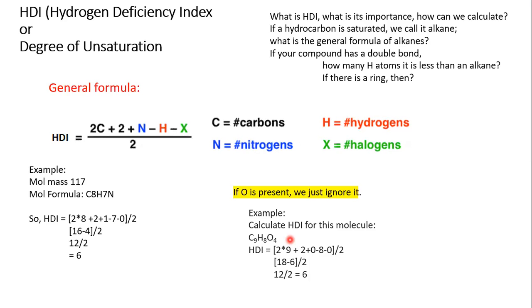How can you do it? Just use this formula and ignore oxygen. And when you do this, you will get your HDI. So this is a simple way to calculate HDI, okay? And you should do a lot of practice so that you are well versed and strong in calculating HDI, okay?